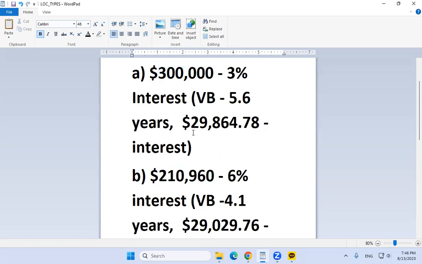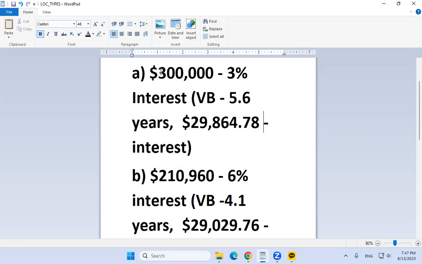Comparing these two situations, we're going to pay pretty much the same amount of interest. This one will be slightly lower, but the time it takes is 5.6 years here, and here it's going to be a lot quicker.